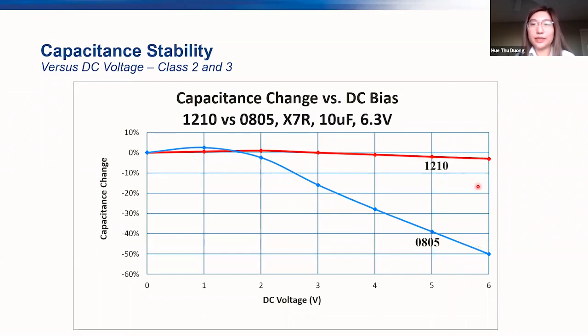The reason for this is because the larger case size parts for the same capacitance and rated voltage will actually use higher voltage designs and therefore thicker layers. In this example, the 1210 part is using a 25 volt design. So when downsizing, designers should consider this effect. So why exactly does this occur?